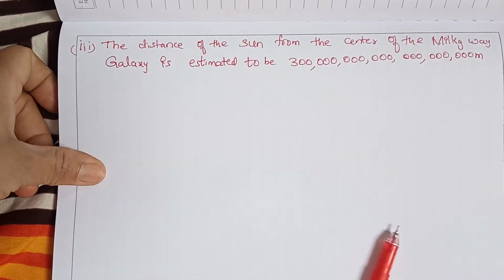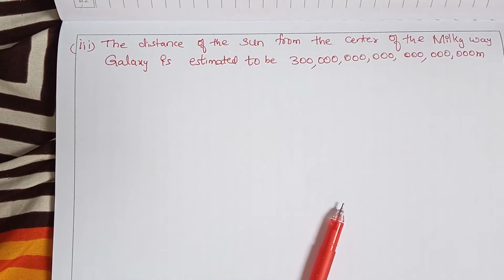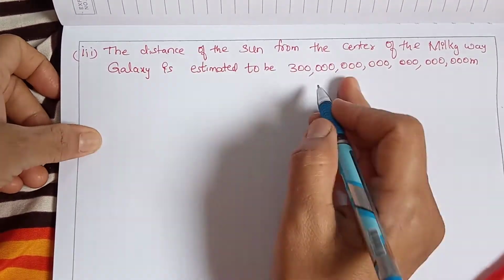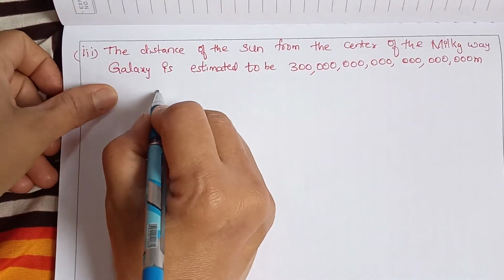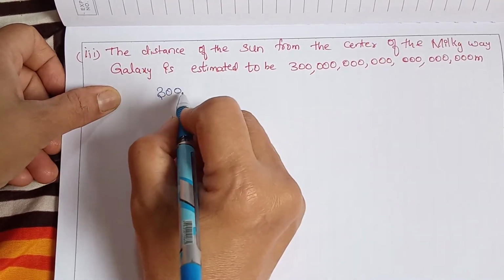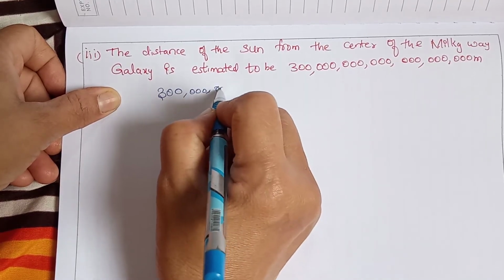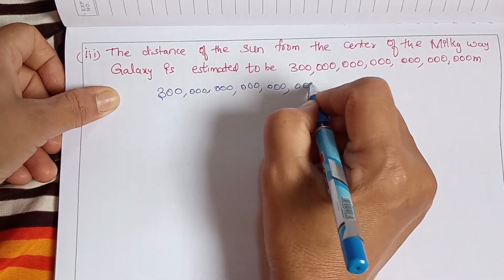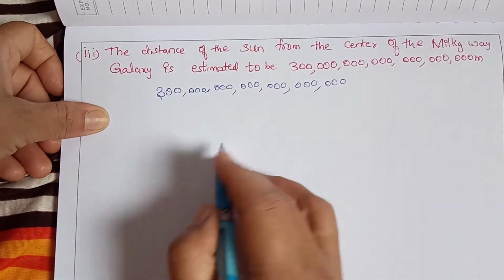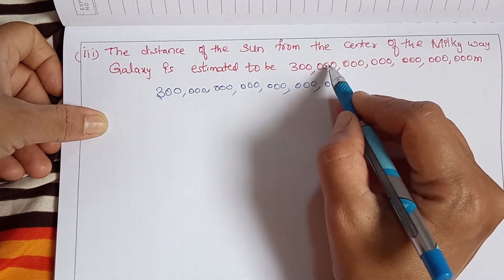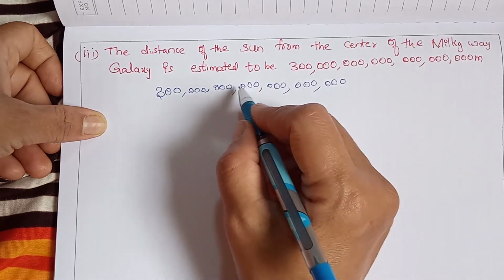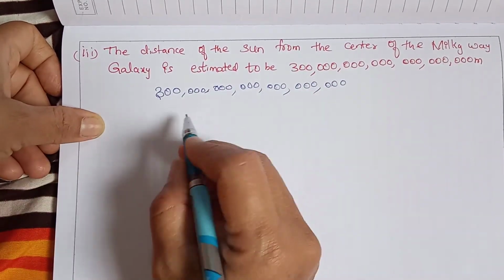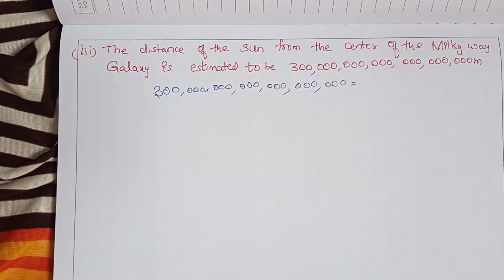Third question is a direct answer, children. Here nothing is there to multiply and divide. Okay, so I will write the question. Here all the zeros are given.